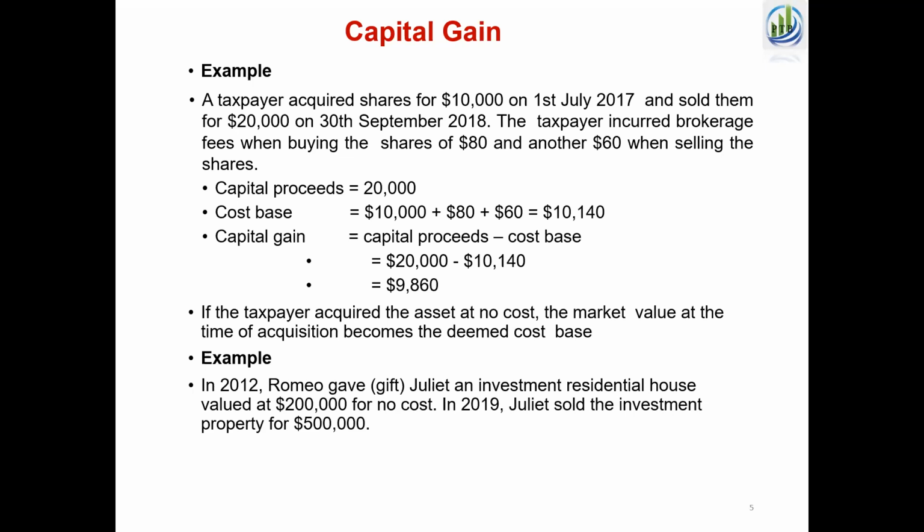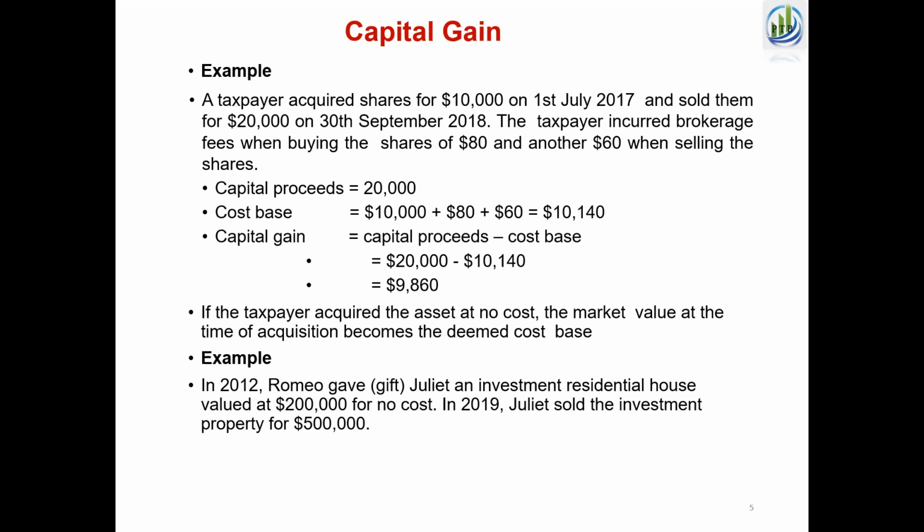So when we calculate the capital gain, what are we going to do? Even though Juliet did not pay any cents for this transaction, we're going to value the asset at the date of the gift, the market value of the asset. In this example, the market value at the date of the gift is 200,000.